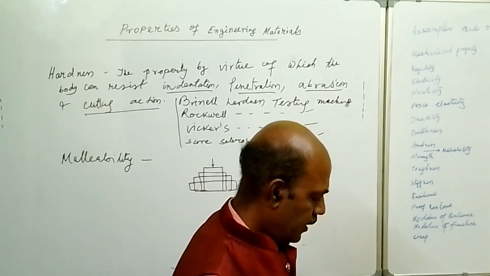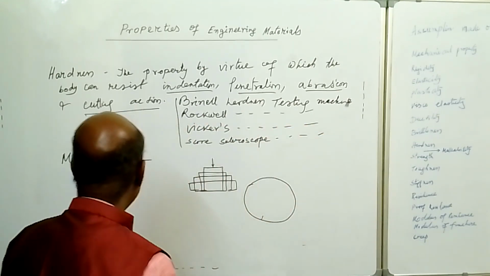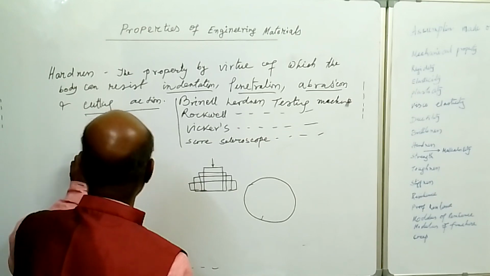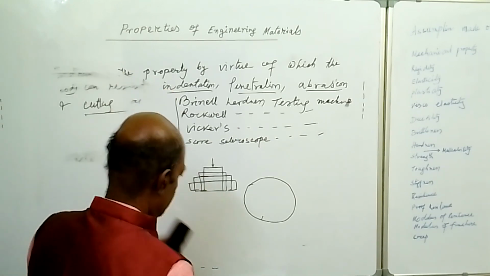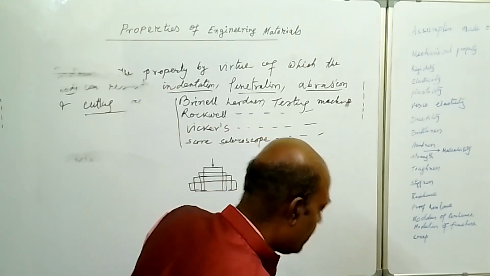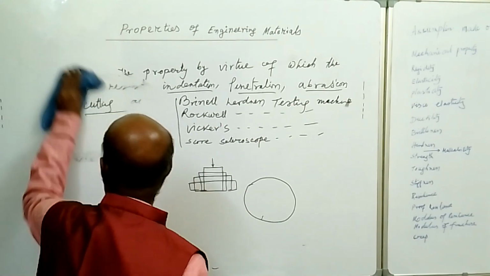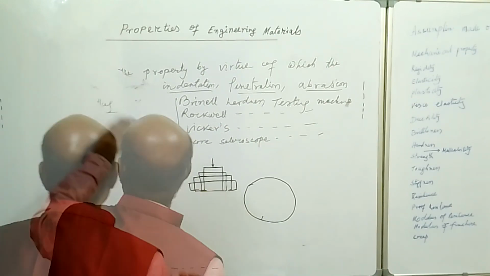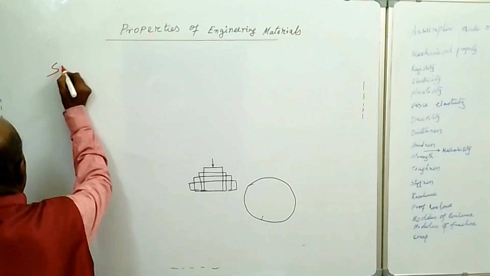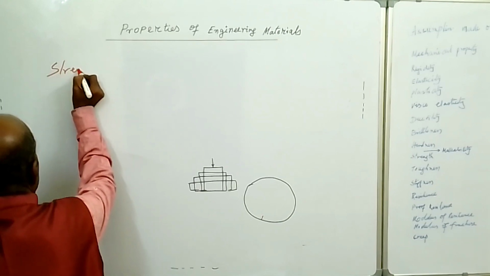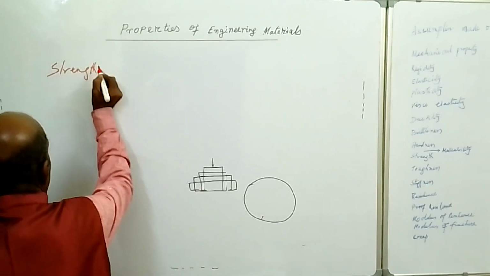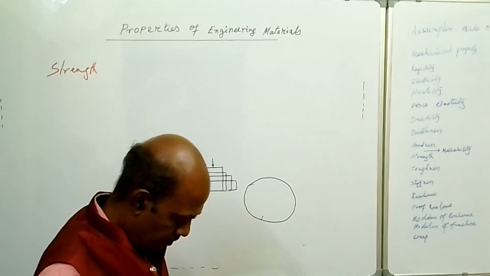The next property we will see, which is the most important property, is the strength of the body. What is strength?